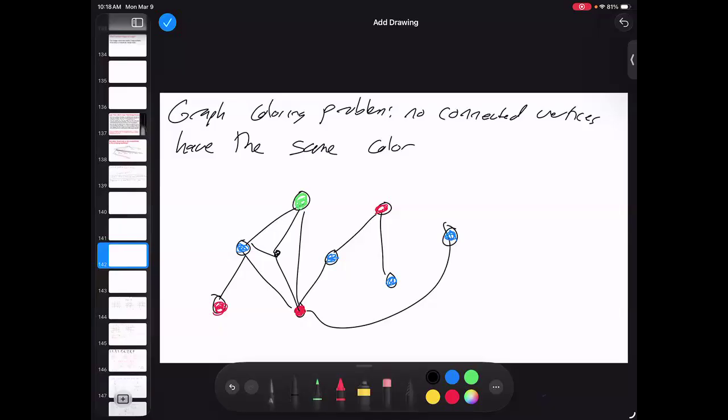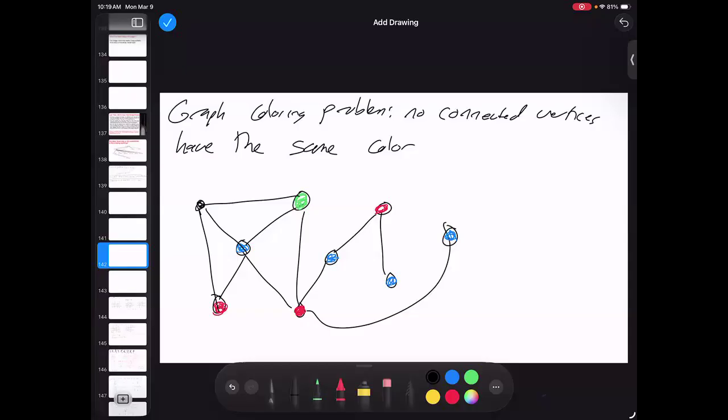And so, if I put something over here and I connect it to these 3, do I need 4 colors? No. Before I had it in the middle connected to all 3.